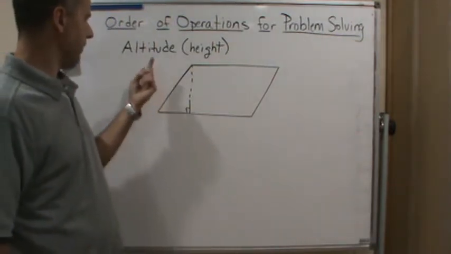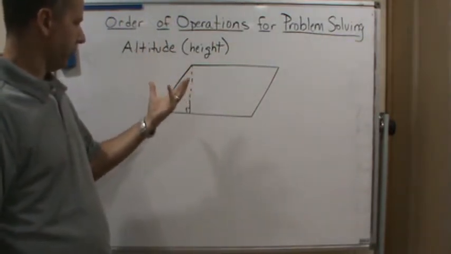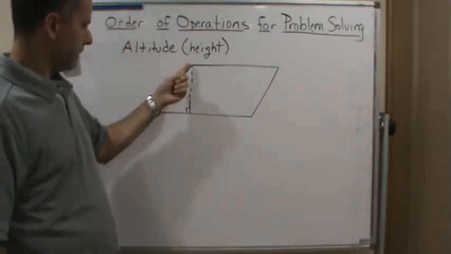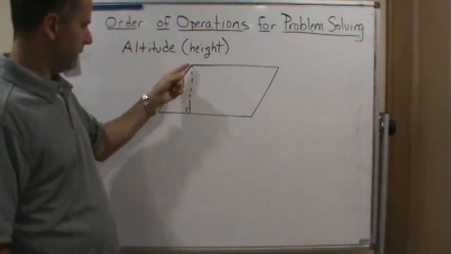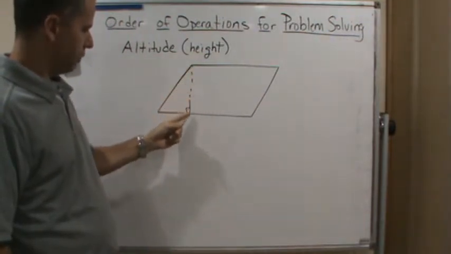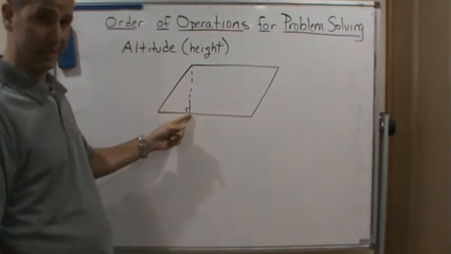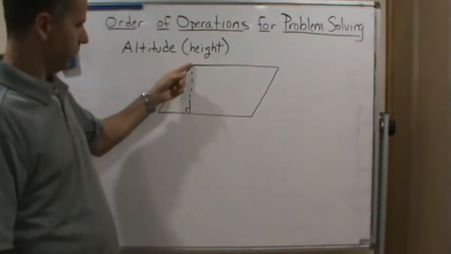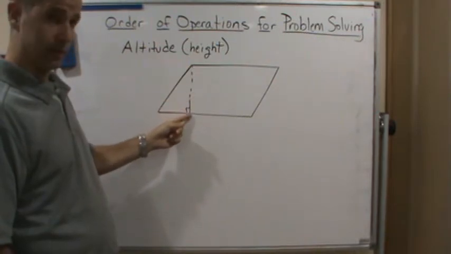So the height of a parallelogram, or the altitude, is the line you get if you draw a line from one vertex that is perpendicular to one of the bases. So you're going from one base to the other base.